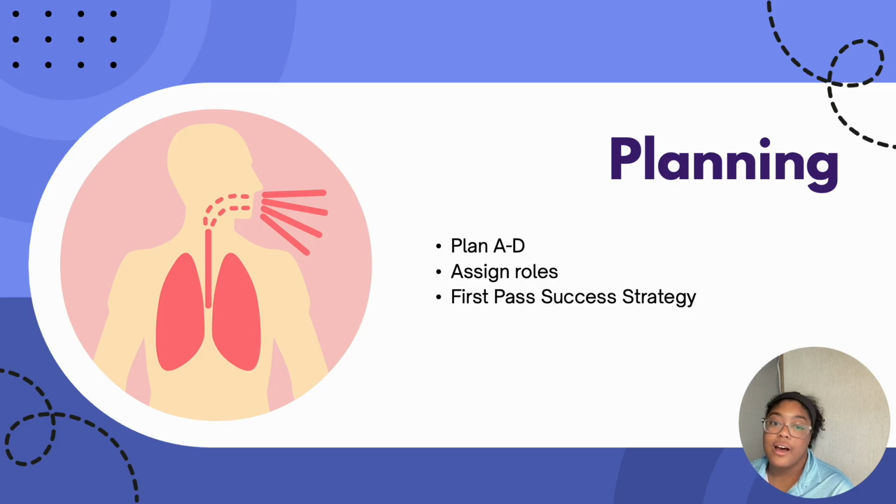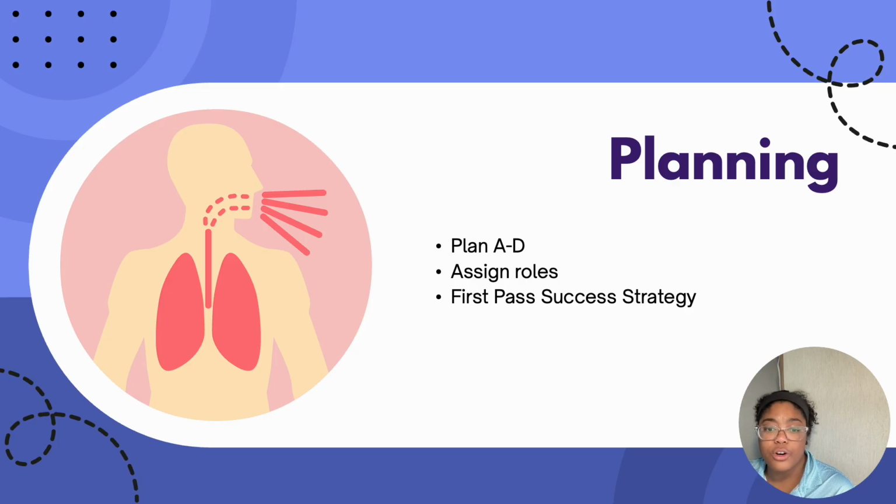If not, then maybe I need to consider inserting a BIAD. Is that allowing me to be successful? No. Okay, maybe I need to move on to something even more invasive, like intubating the patient or performing an RSI. Is that going to be useful? If not, maybe then I need to consider a surgical cric or some sort of surgical airway, a quick trach if that's what your service has.